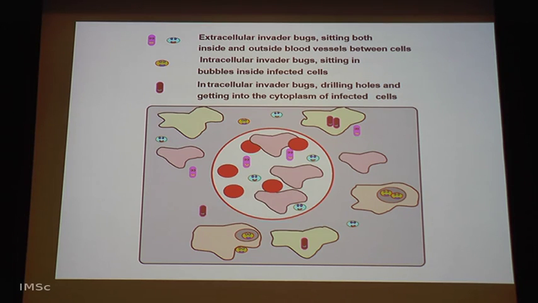So the center of the blood vessel will have a very high velocity stream of components flowing towards the walls. There will be somewhat less velocity elsewhere. So these bugs can get pushed out of the blood vessel, especially when they go to the small capillary vessel kind of area, and then they can be outside the blood vessel.